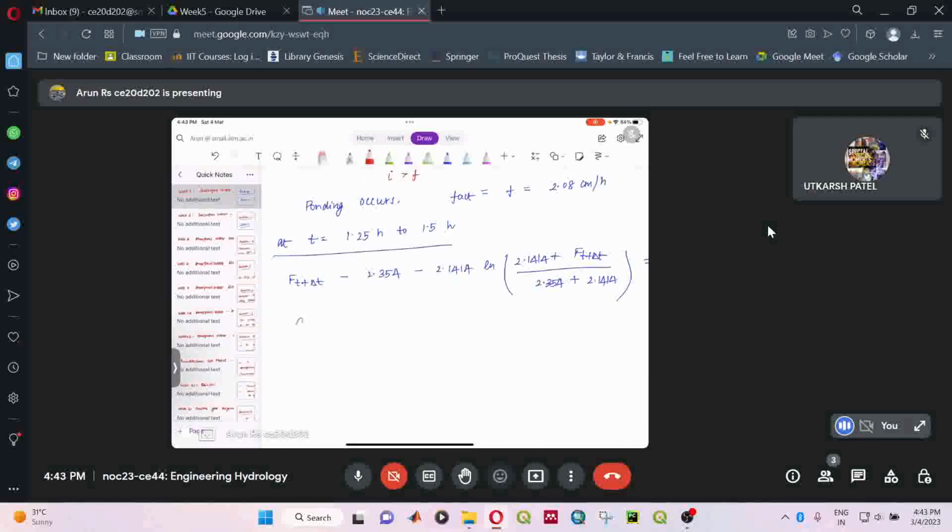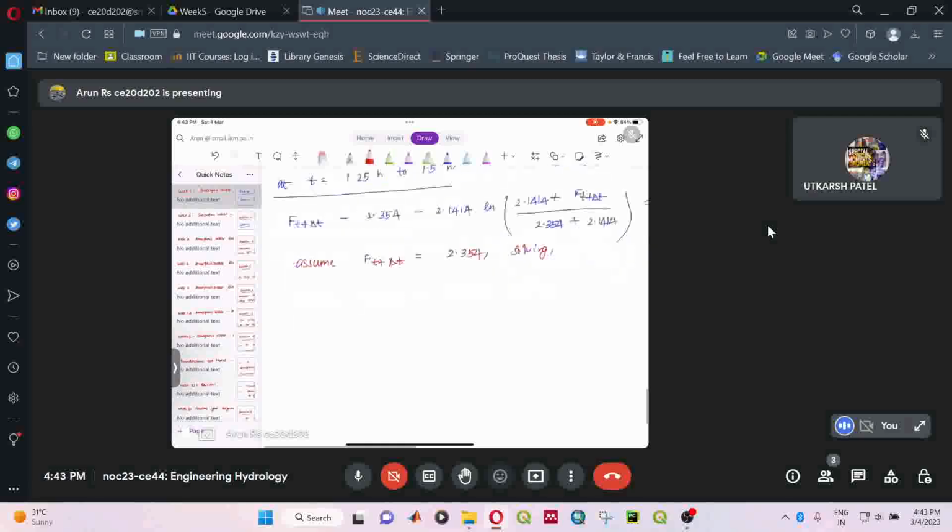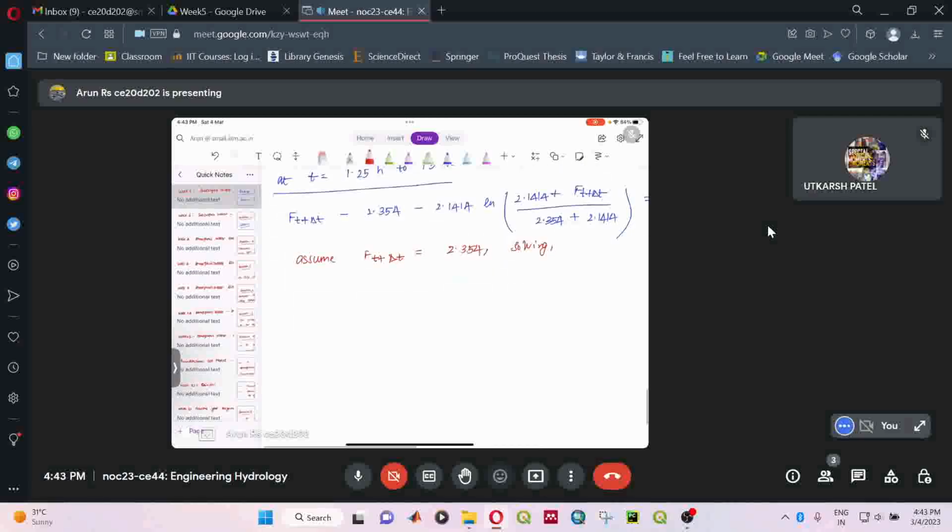Here we assume F at t plus delta t equal to 2.354, and solving, we get F at t plus delta t in this time step as 2.851 centimeters.